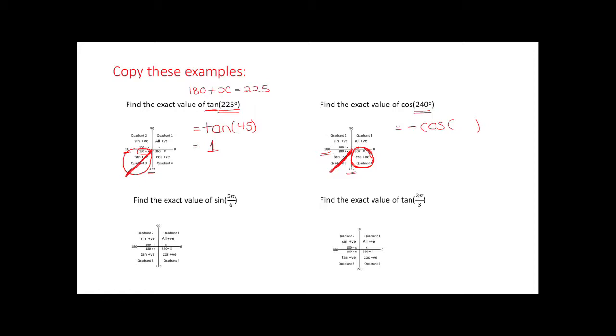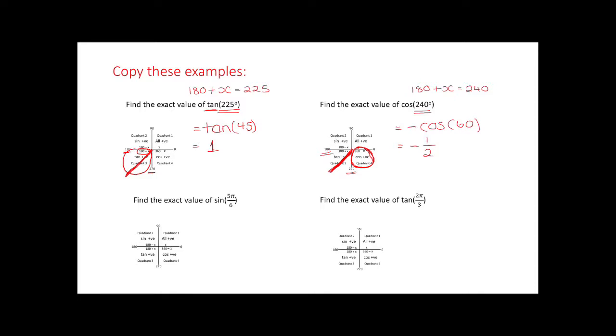To find our number of degrees, we would do 180 plus x equals 240. Rearranging to get x on its own, x is equal to 60. So cos of 240 is equal to negative cos of 60. Cos of 60 we know is a half, but it's negative cos of 60, so our final answer is negative a half. So cos 240 is negative a half.